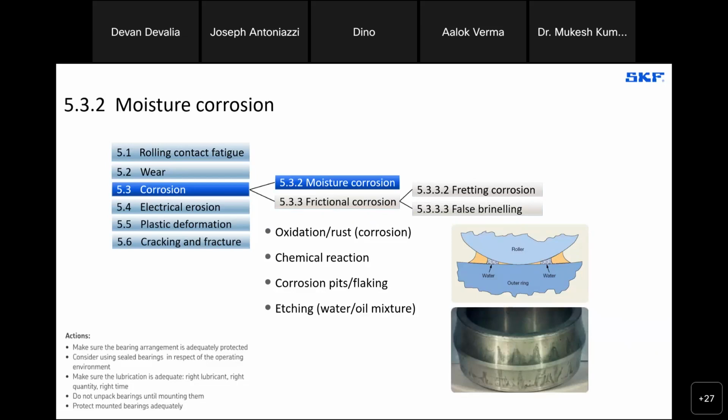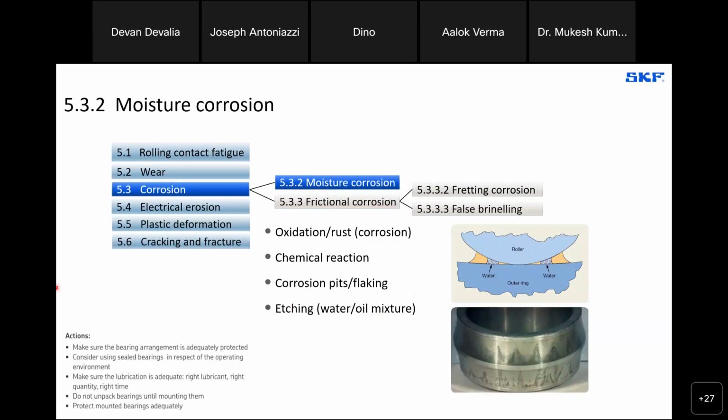Ineffective sealing arrangements can allow moisture, water, aggressive liquid contaminants to enter the bearing cavity. When the quantity of liquid contaminants exceeds the ability of the lubricant to adequately protect the steel, rust will form on the surfaces. In the absence of oxygen, this rust, this etching, this corrosion is grayish black in color.